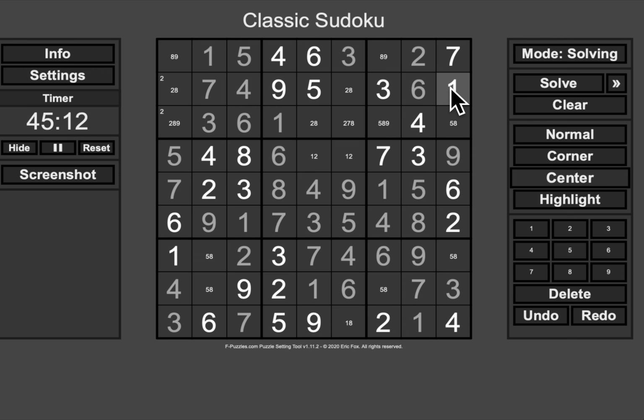Okay, I got 3 1s here. I've got a 2 there, but that's the only 2 I got. I got 3s, I got 4s, I have 1 5. I think I have enough 6s. I don't have enough 7s yet. 7's in one of these places, but not here. So that's a 7.